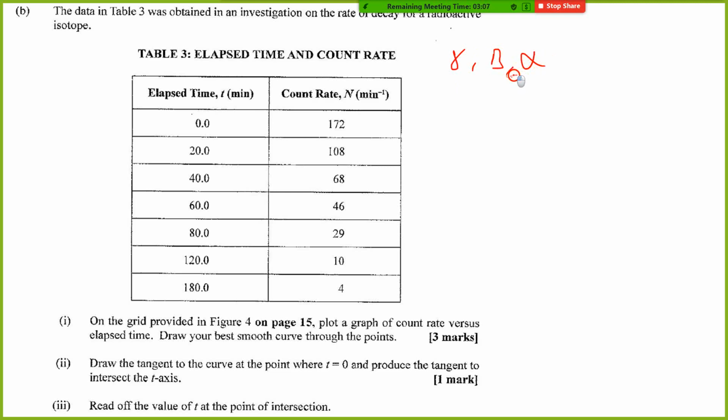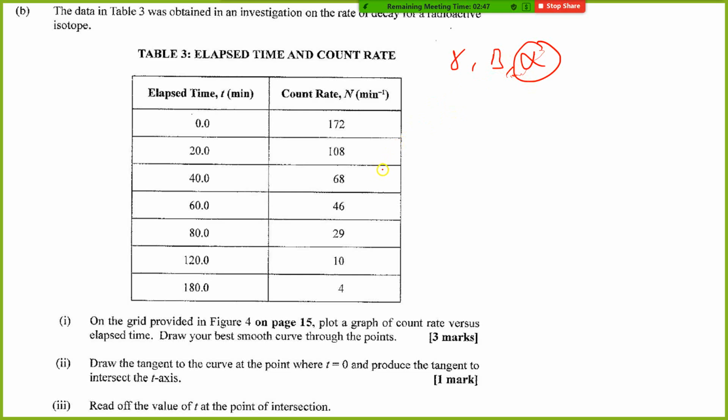So the device is picking up what is being released from the substance.